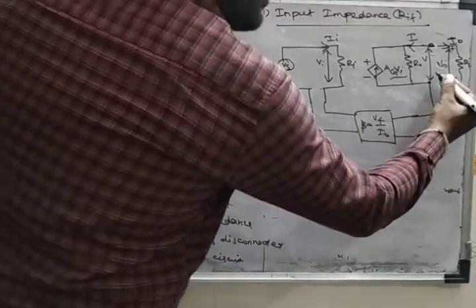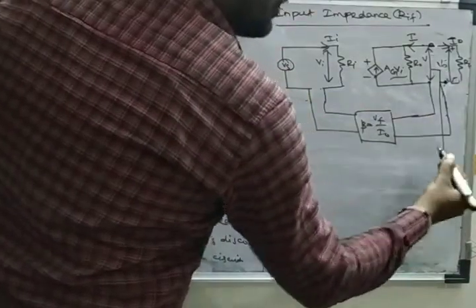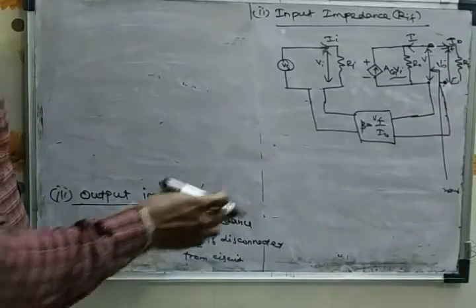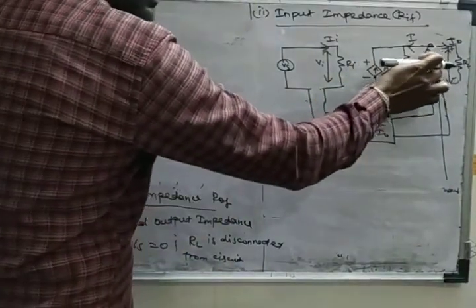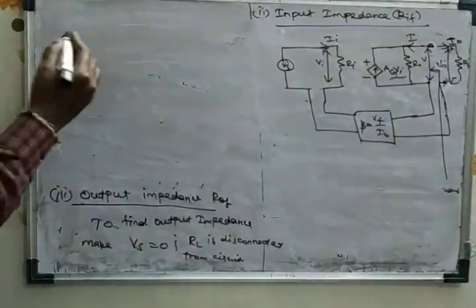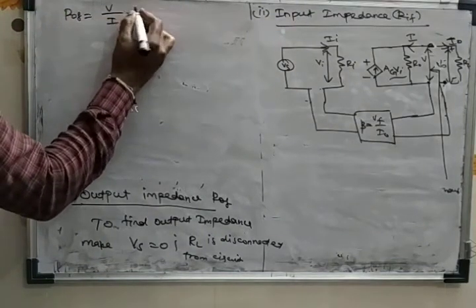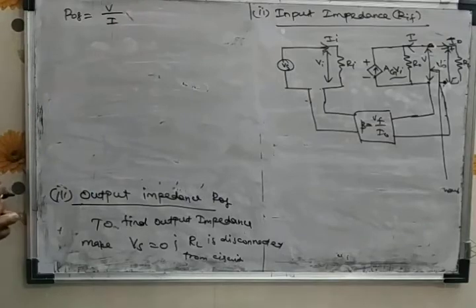So output impedance with feedback is the impedance looking from this terminal. R naught is equal to V by I.